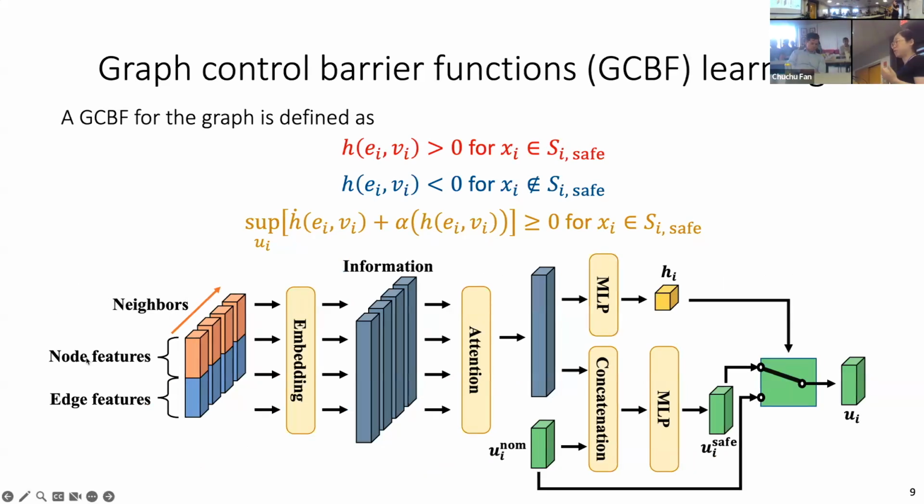As I said, node feature could be whomever you bump into, whatever obstacles you have seen, and the edge features could include the points in the point cloud we have sampled, and also your neighbors, if they are close by, what type of information they want to send to you.